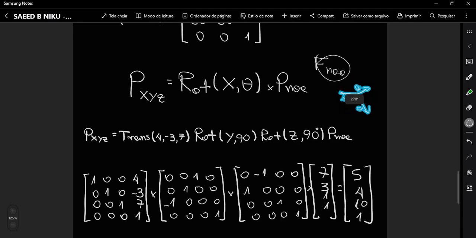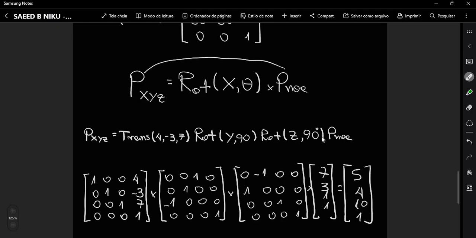This way we can write the position, the rotation of a point of a rigid body in reference to this other one.